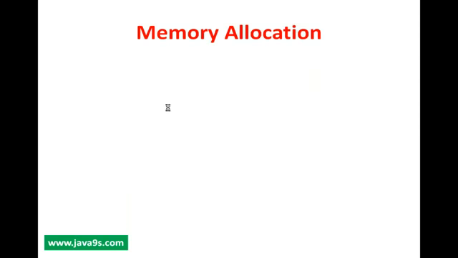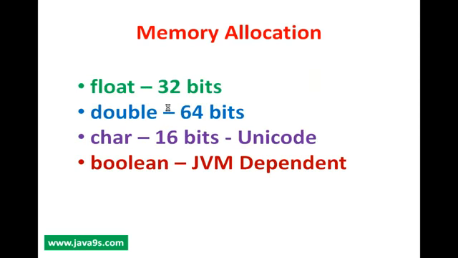Then coming to float, float has been allocated 32 bits, double has been allocated 64 bits, and char is 16 bits. Please remember that we know ASCII values, like there are 256 characters which need 8 bits to represent, but here in Java, char has been given 16 bits because it's going to represent 65,536 characters from different languages around the world.